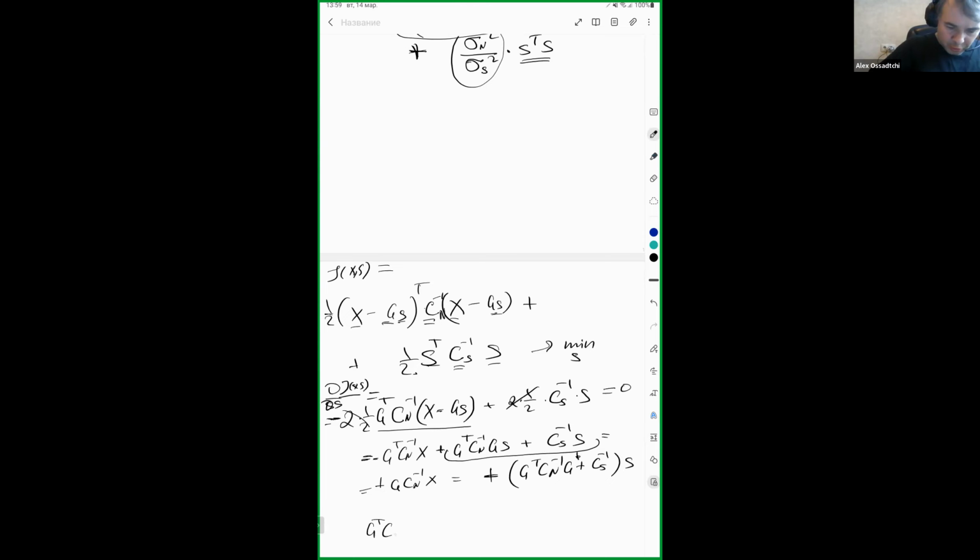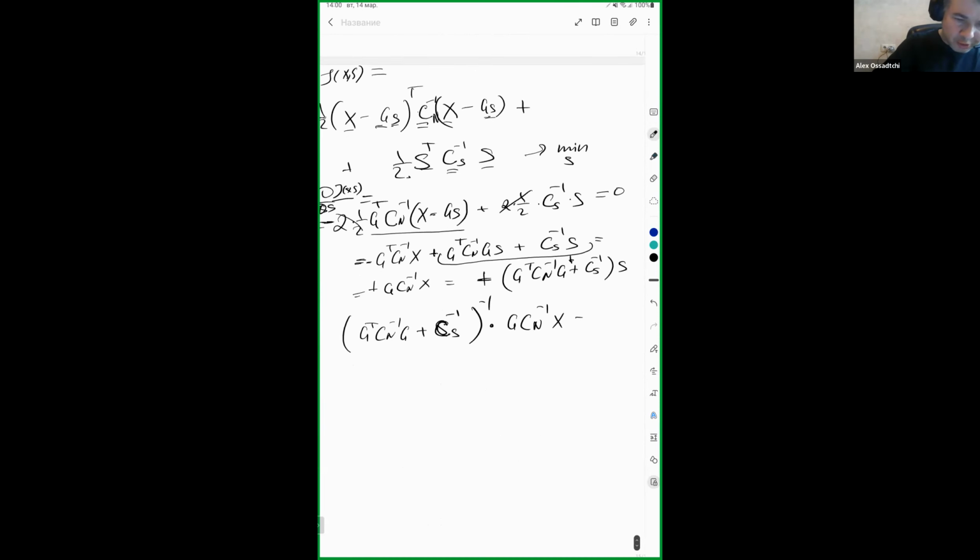So you take (G transpose Cn⁻¹ G plus Cs⁻¹) inverse, multiplied by G transpose Cn⁻¹ x, and this is your s. This is the MAP, maximum a posteriori estimate.